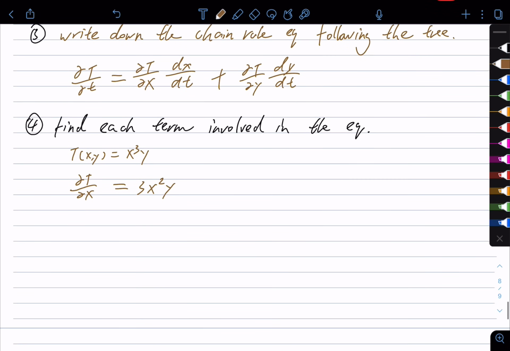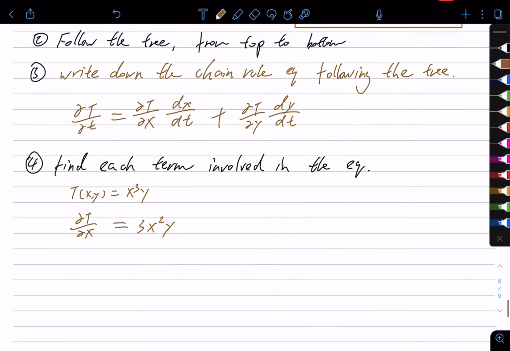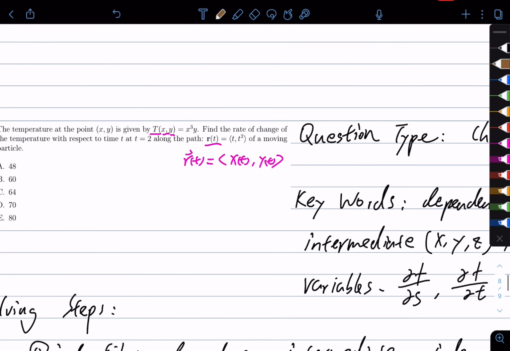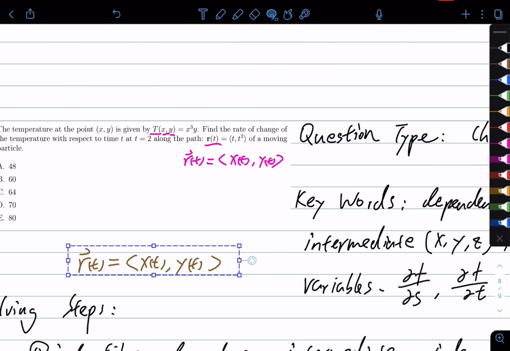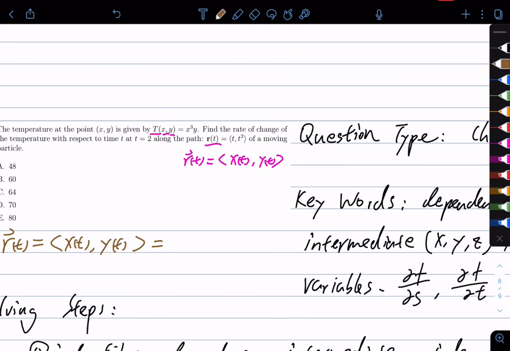We want to express this actually in terms of the independent variable. So how are we going to do that? Well, if we go back to our r of t, again it is x of t, y of t, which equals t and t squared.